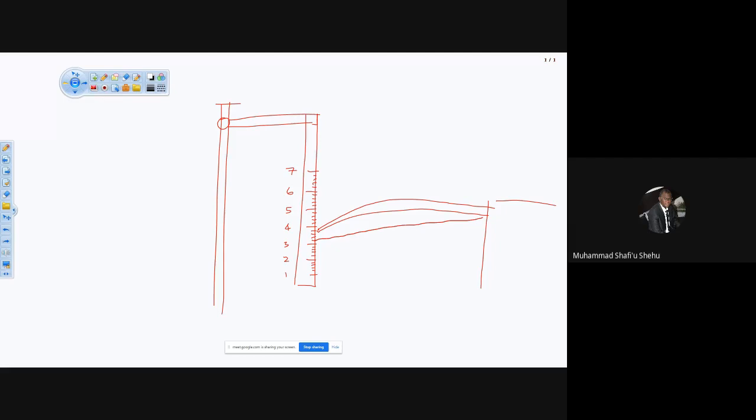Do you understand? Yes, sir. So therefore, if this position is 3.8 and this is 3.2, then we're going to have a depression of 3.8 minus 3.2, which is going to be 0.6.